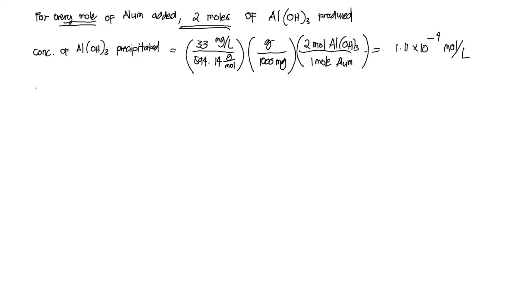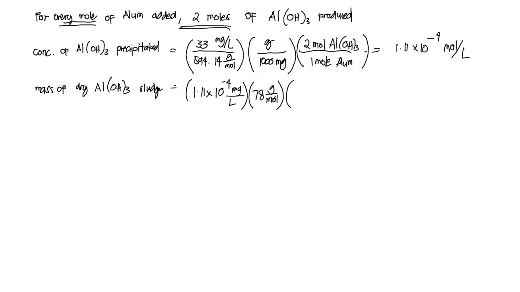Now we are going to calculate the mass of dry aluminum hydroxide sludge. It is equal to the concentration of aluminum hydroxide precipitated, which is 1.11 times 10 raised to the negative 4 moles per liter, times the molecular weight of aluminum hydroxide, 78 grams per mole.